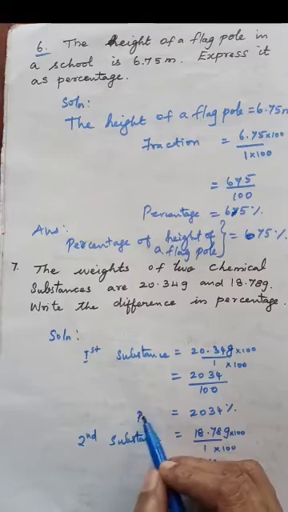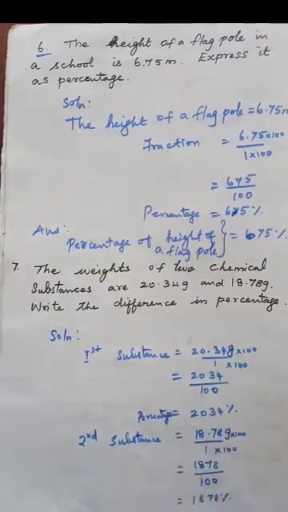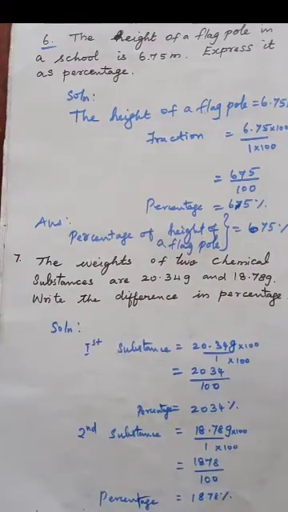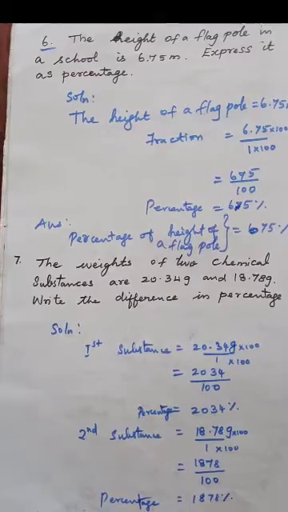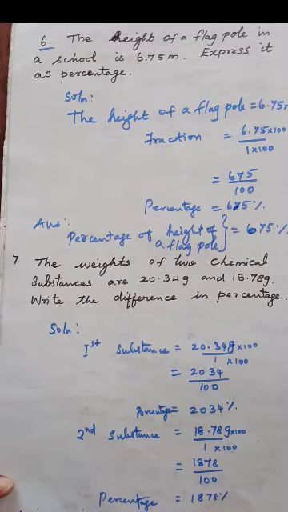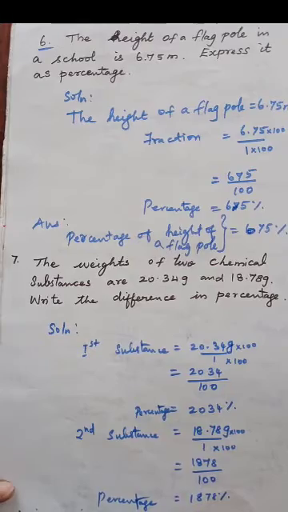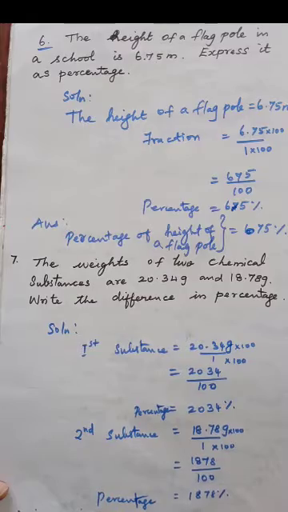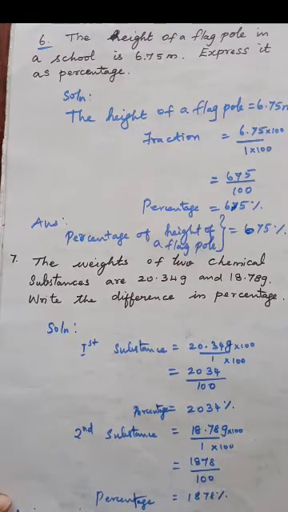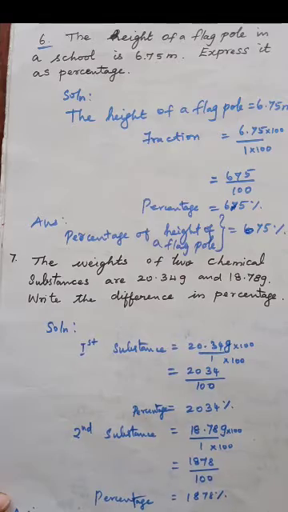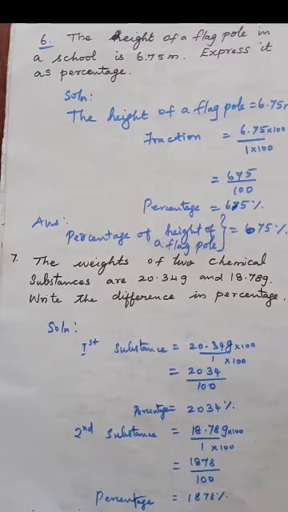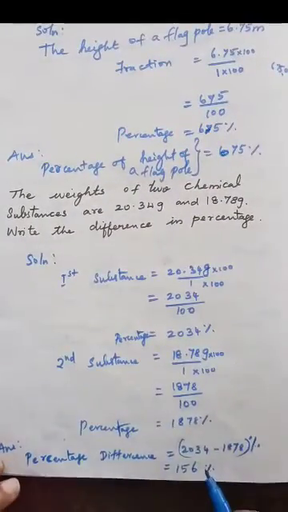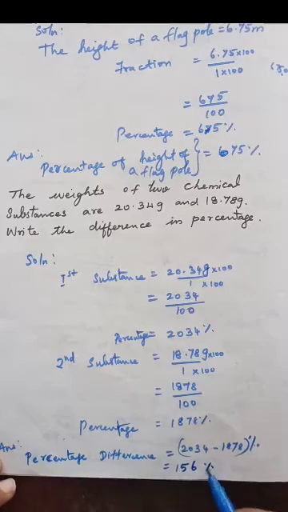Here also you have to write percentage. Percentage difference is equal to 2034 minus 1878. Percentage is equal to 156 percentage.